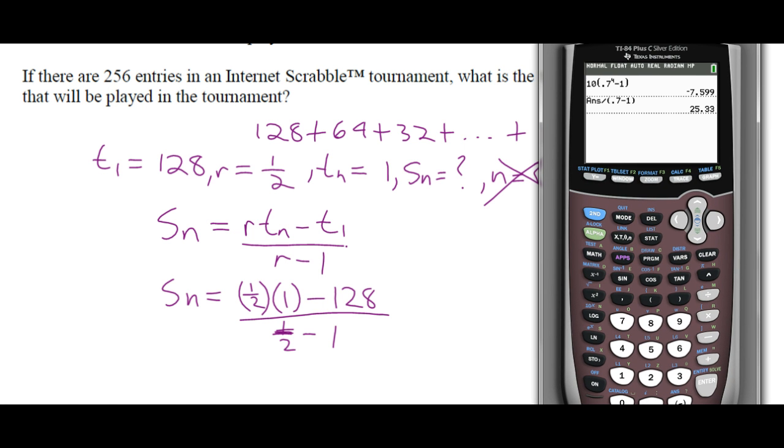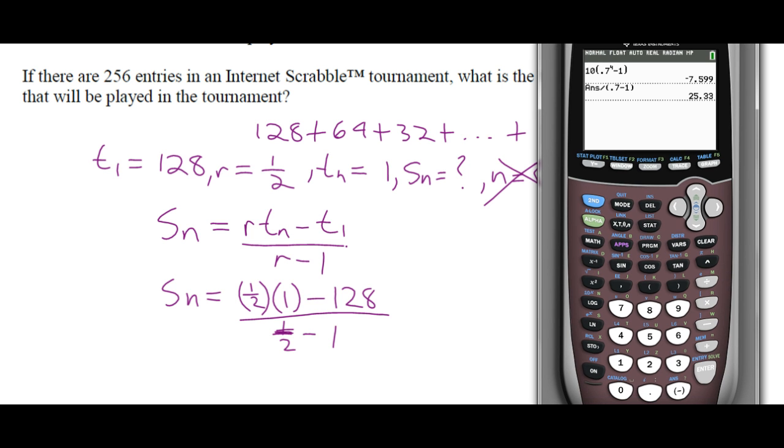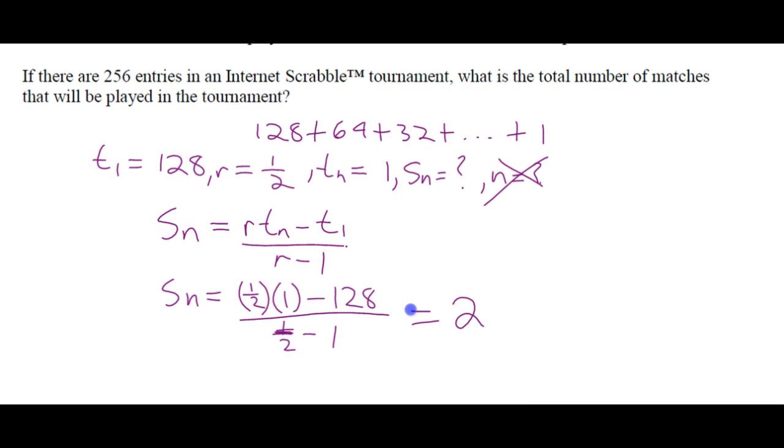So we have 0.5 minus 128, negative 127, divided by negative 0.5. So just double that, 255. There are 255 total matches.